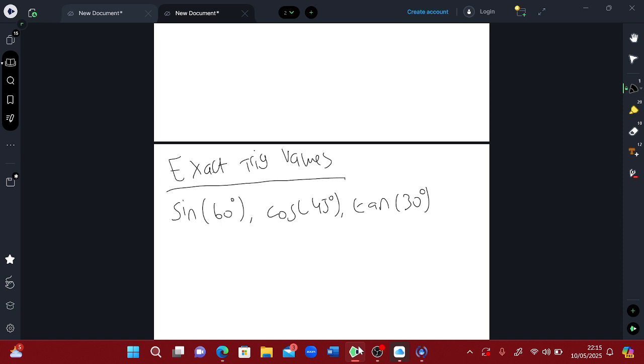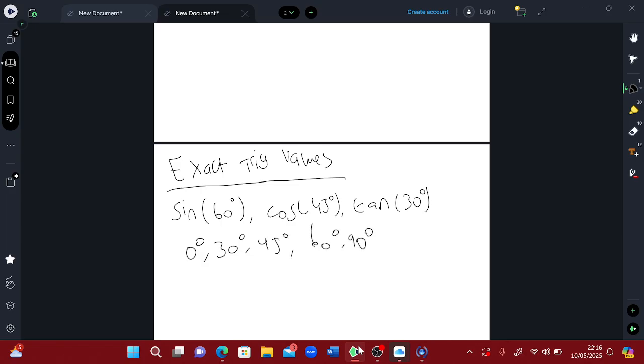Basically, it's any input of the trig functions sine, cos, tan. And you do need to learn all three values, sine, cos, tan, when you plug in 0, 30, 45, 60, and 90.